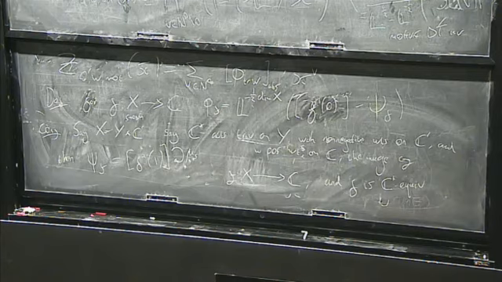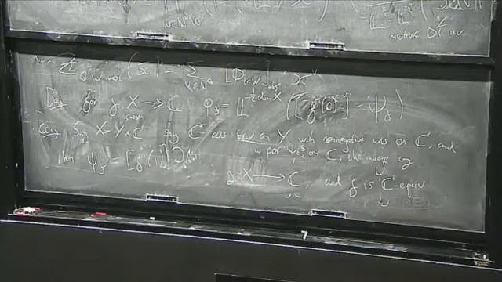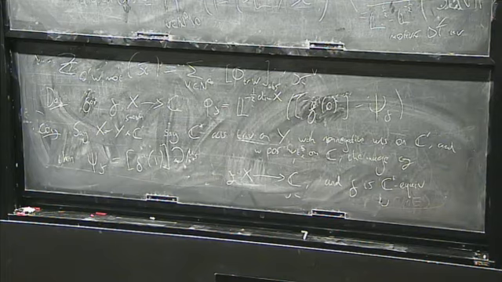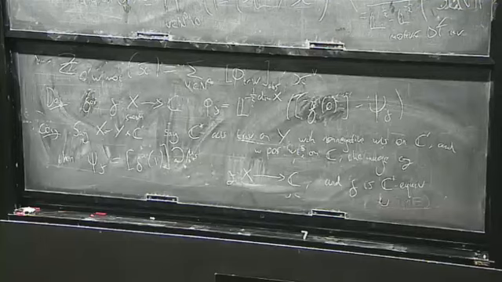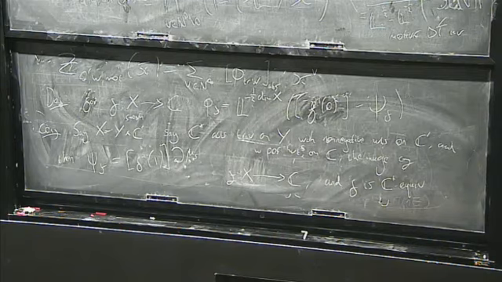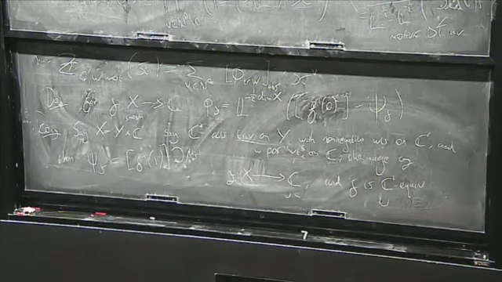Let me just tell you how this works. The embedding of C star in C is a C star equivariant map of weight S, if I give both of these weight S C star actions.